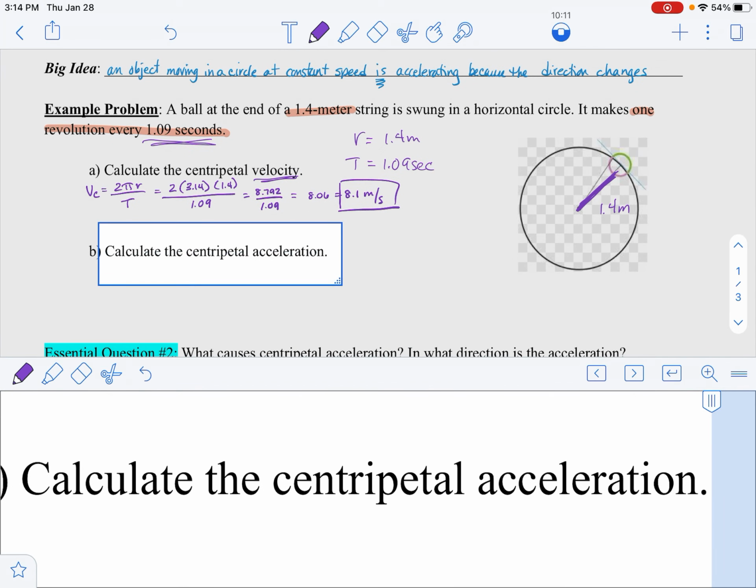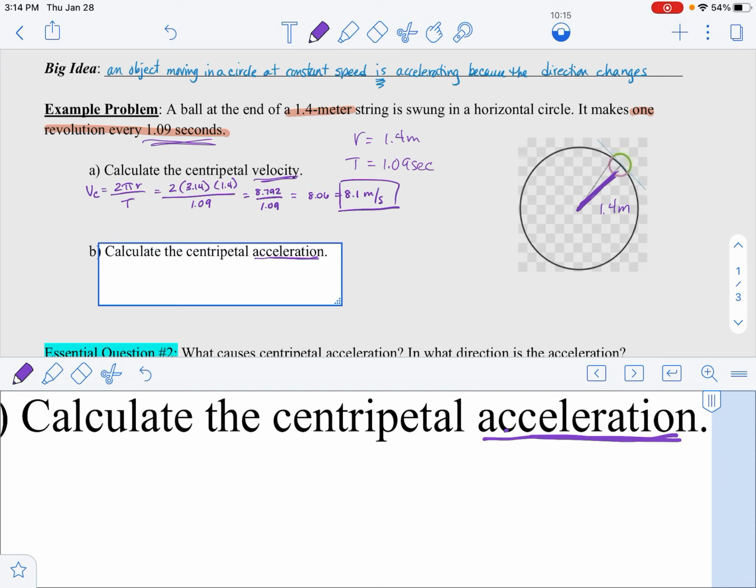All right, so now what am I going to do? Now I need to find the acceleration. We know that centripetal acceleration, the C just means centripetal or circular, is v squared over r. I just found v in the first part, so that's going to be 8.1 squared. The radius, r, hasn't changed. That's still 1.4 meters.